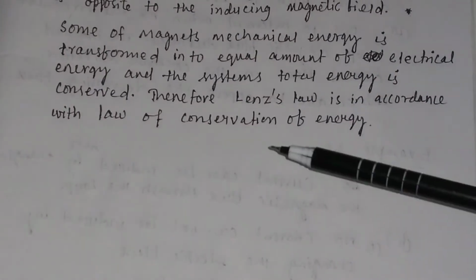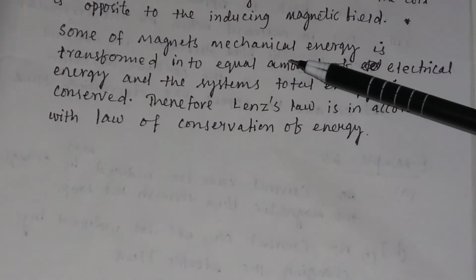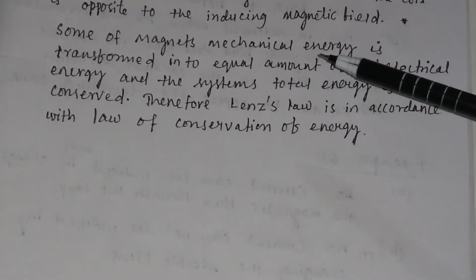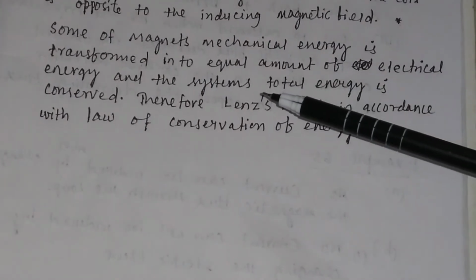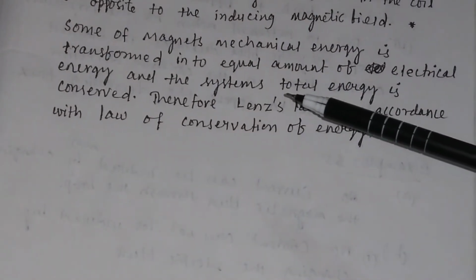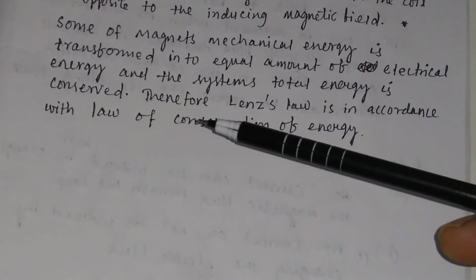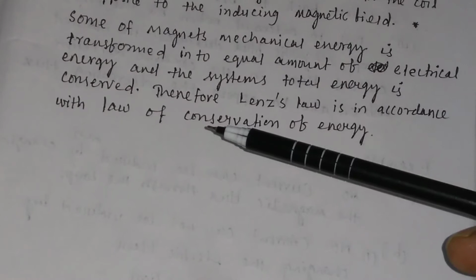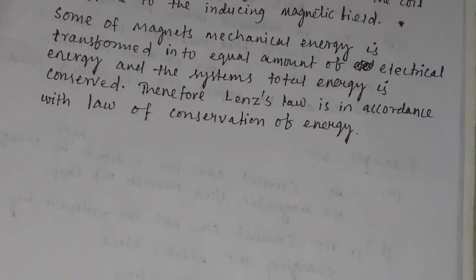And in this induction process, some of the magnet's mechanical energy is transferred into an equal amount of electrical energy, and the system's total energy is conserved. Therefore, Lenz's law is in accordance with the law of conservation of energy.